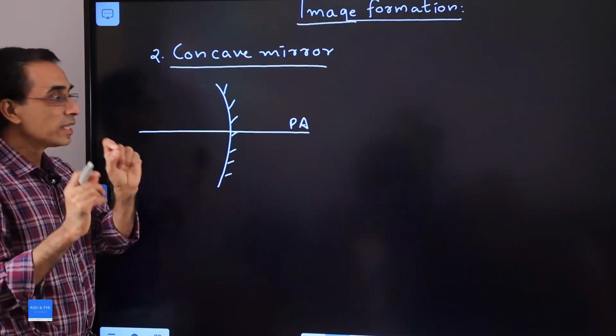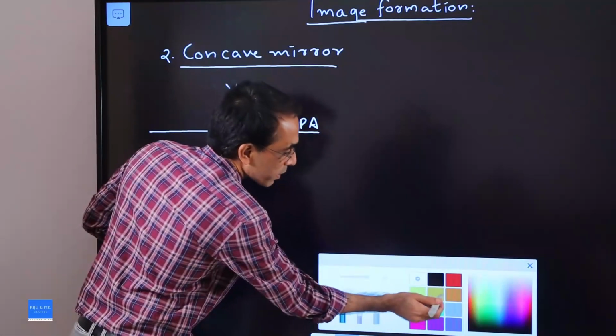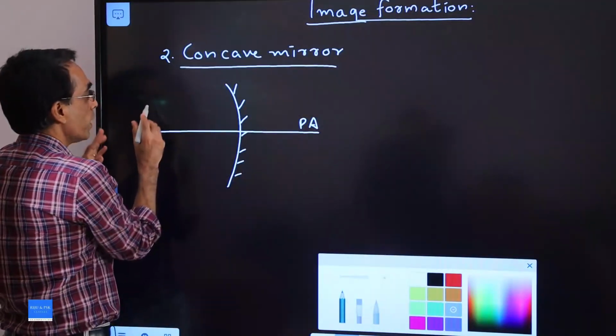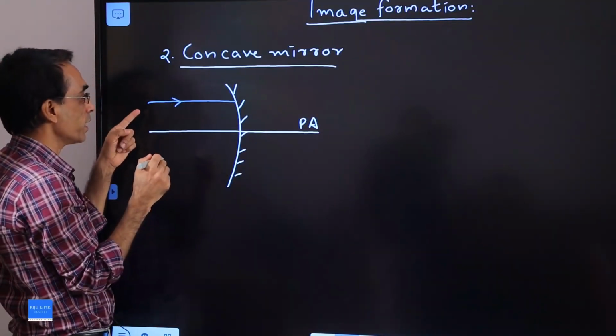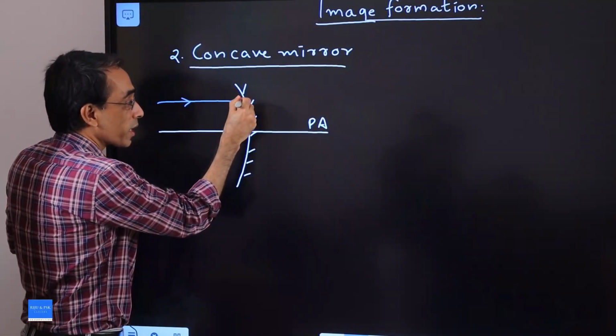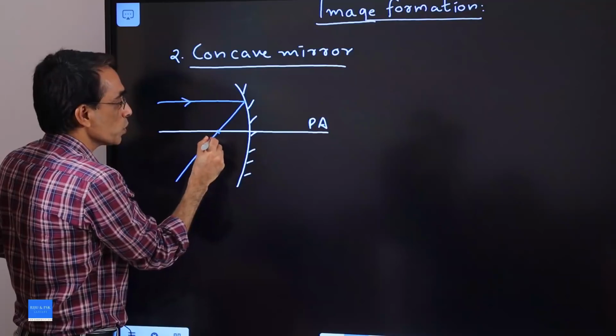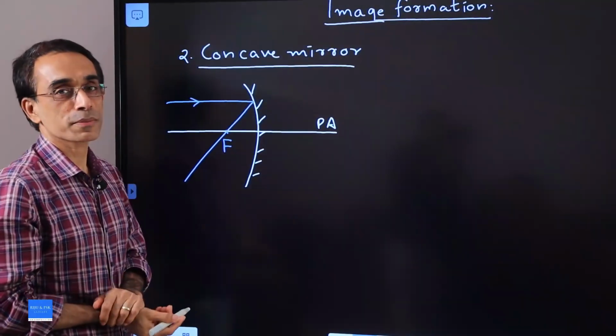In a very simplistic way, one light ray can come from infinity parallel to the principal axis like this. A light ray coming parallel to the principal axis will reflect and go through the principal focus. This is the first diagram that you need to study.